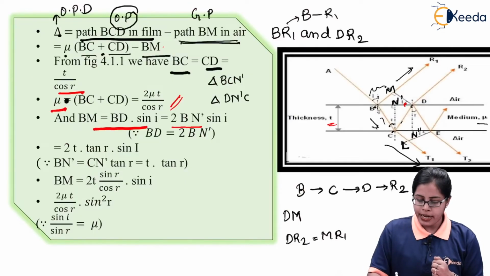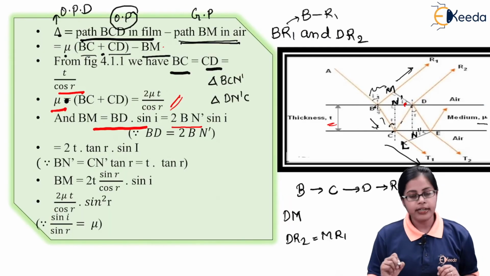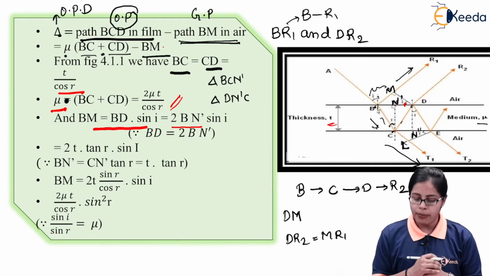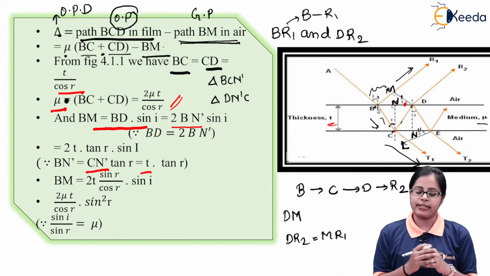So we are getting BN dash as CN dash times tan R. So instead of BN dash, we can write CN dash tan R. But as we are aware, CN dash is nothing but the thickness of the film. So instead of CN dash, we can write T, that is the thickness.